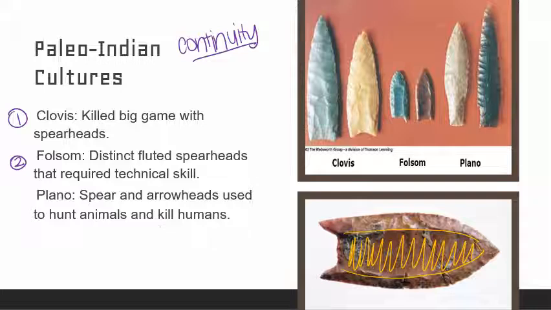All right, so then we've got the Plano, and the Plano are going to be influenced by the Folsom. So not only are they going to use spearheads, but they're also going to start to use arrowheads. Now, as technology advances, something that we're going to see a lot of the time is that things tend to get smaller. Like when I was younger, cell phones were giant.